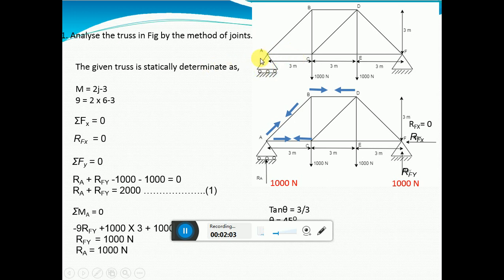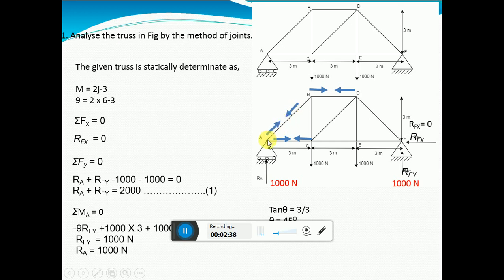Sometimes they may ask you, check whether the given truss is statically determinate. So you should know this. If it is a statically determinate truss, then we can solve it by applying the conditions of equilibrium. So next, after drawing the reactions and after knowing how many members are there, the arrow marks I have drawn here are nothing but showing the tension force in the member.